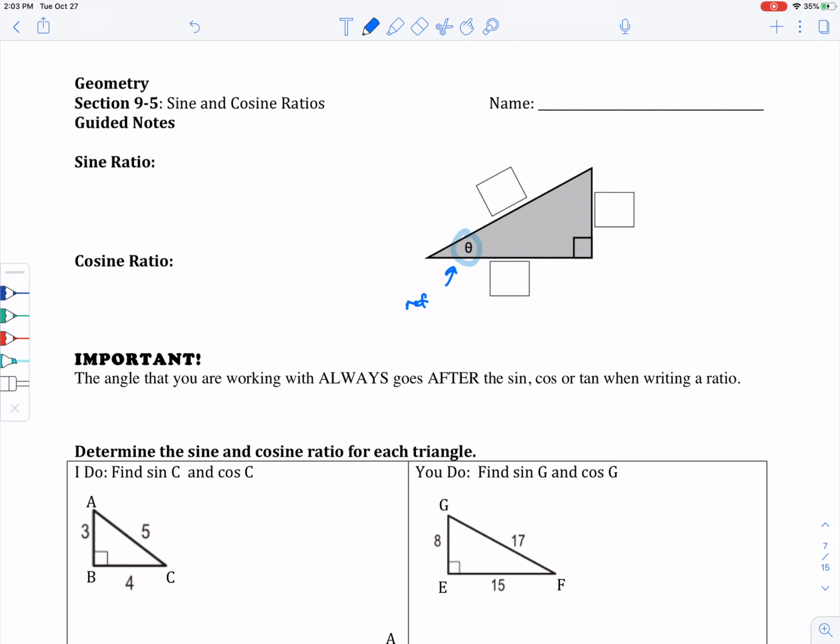Call it the reference angle. Okay, theta, or whatever variable you want to use, but in this case we're using the symbol theta.